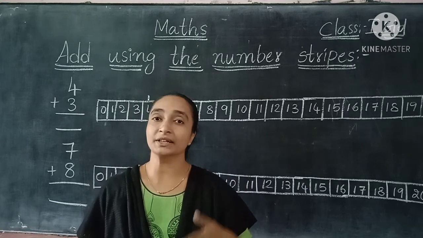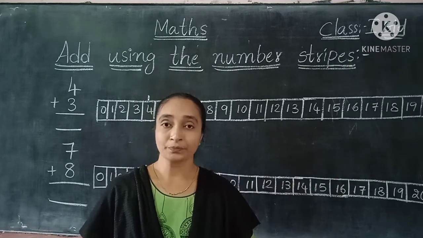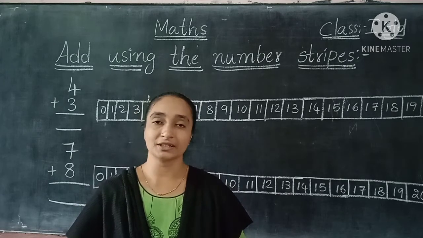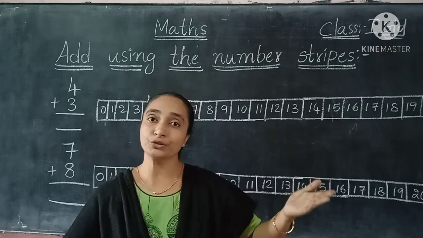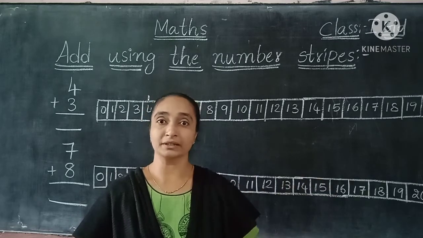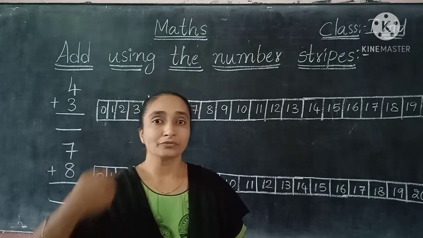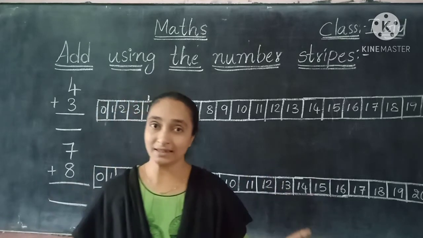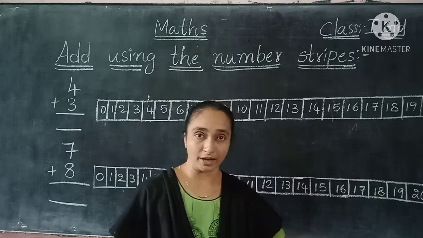In addition we will get the after number; if we add +1, after number will get. In subtraction, before number will get; the -1 you do, before number will get. So in subtraction the jumping will be backwards, while in addition we have to go forward.